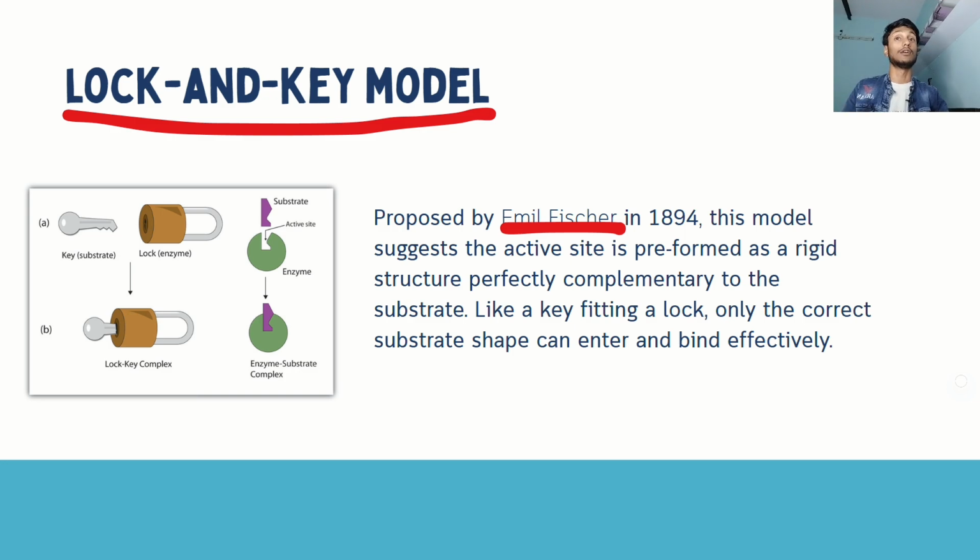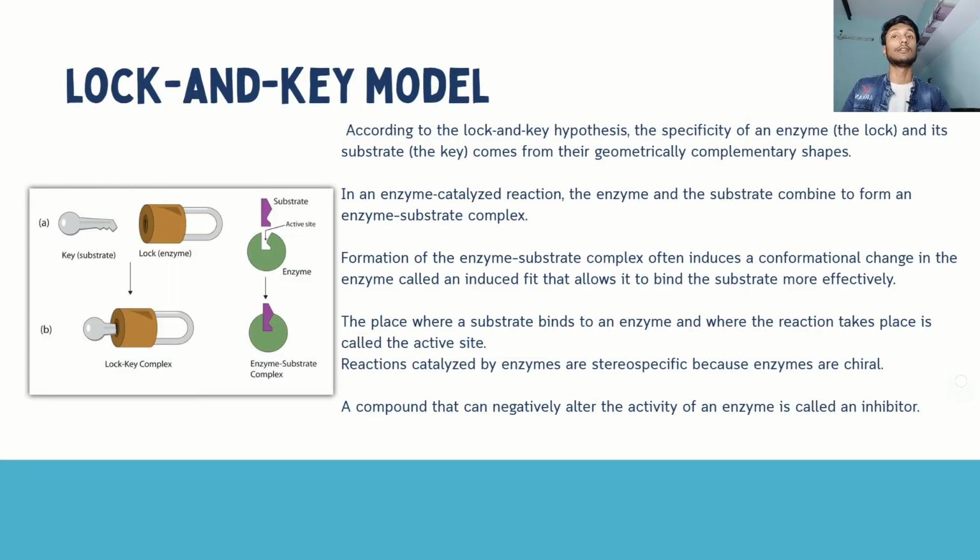So Emil Fischer thought like that, and he gave a model where the enzyme is a lock and the substrate is a key. So the lock opens when a certain specific key unlocks it.